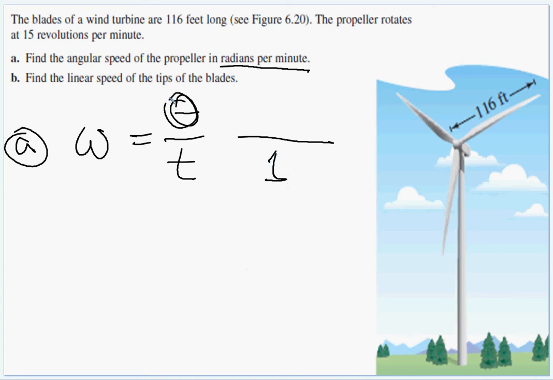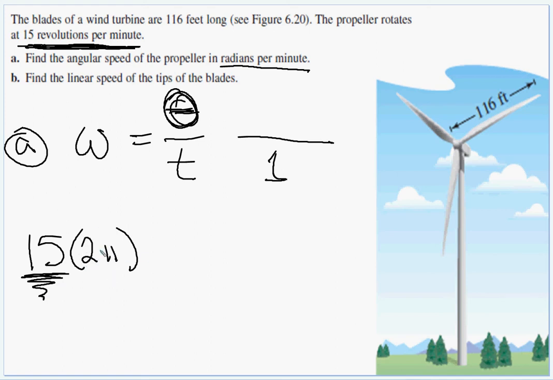Now here, we need our theta, our angle. Now think about this. They gave us this piece of information, 15 revolutions per minute. If we do 15 revolutions every minute, how many radians is one of those revolutions? Well, one trip around a circle is 2 pi radians.